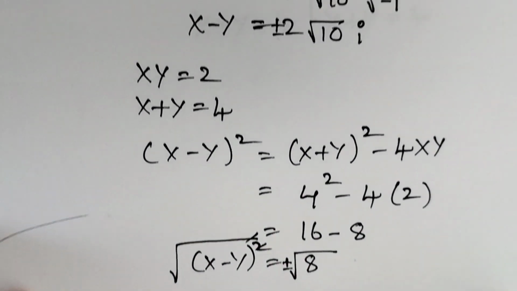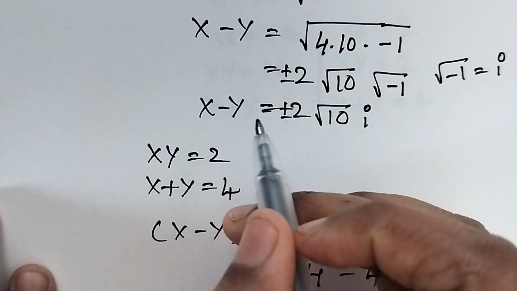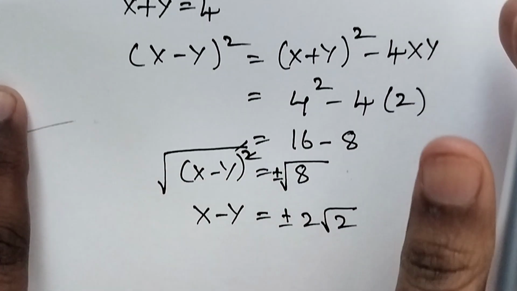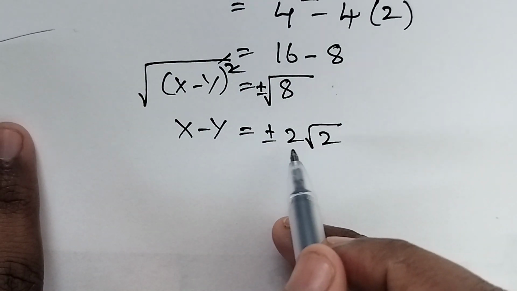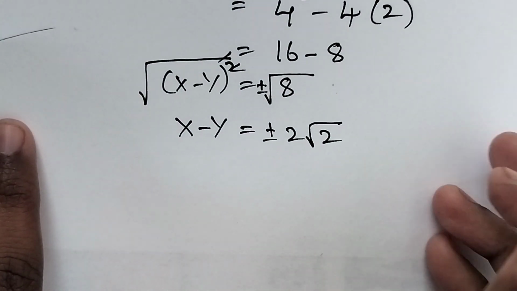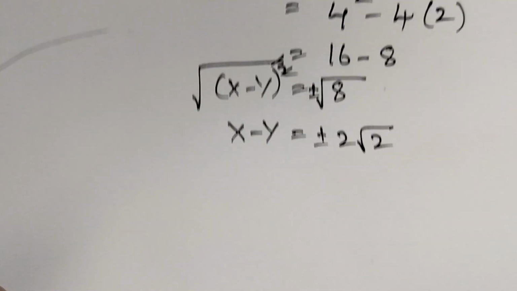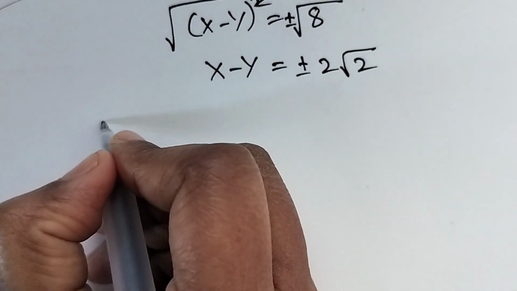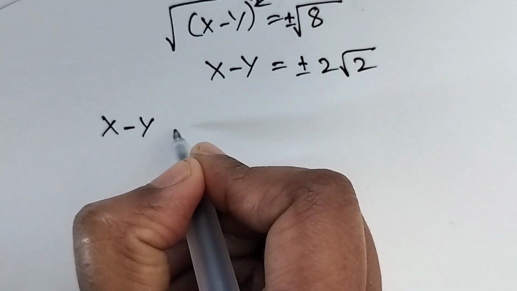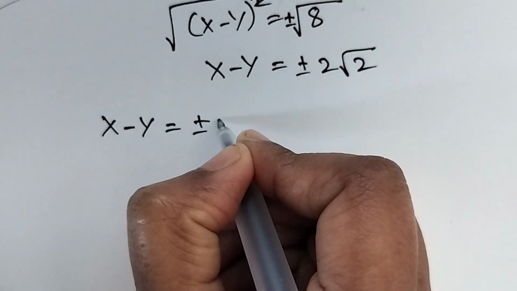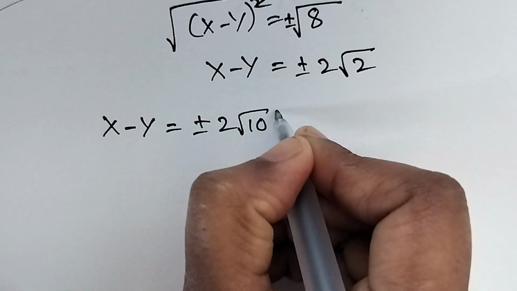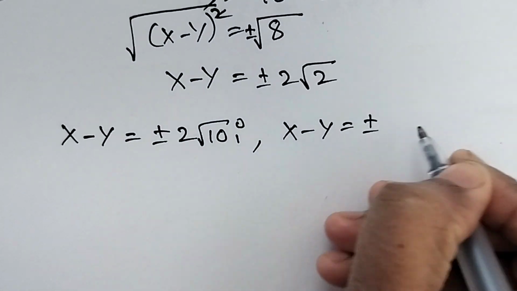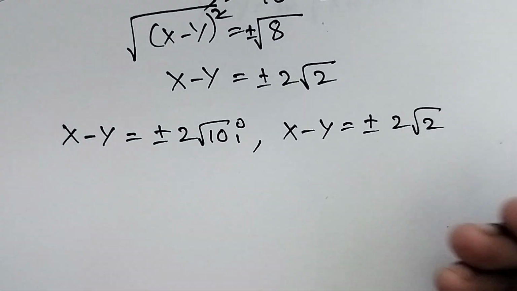So here we got x minus y is equal to plus or minus 2 square root of 10i, and here we got x minus y is equal to plus or minus 2 square root of 2.